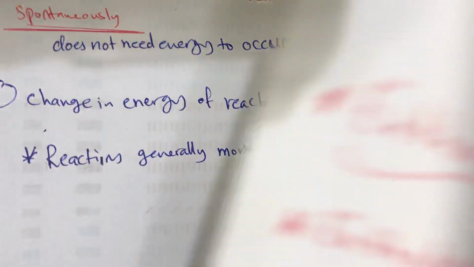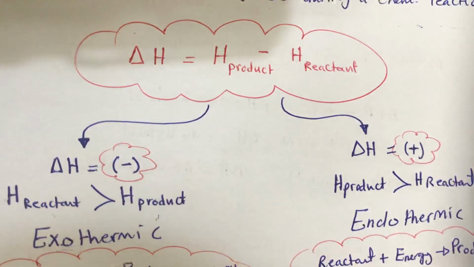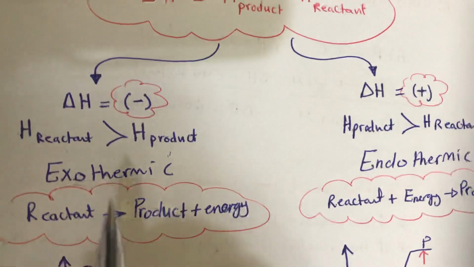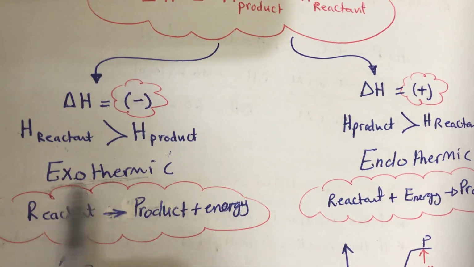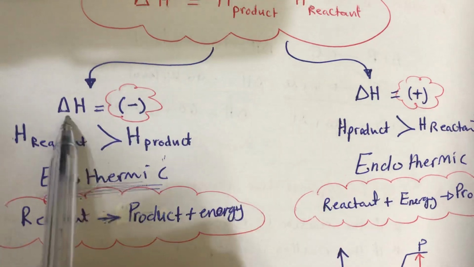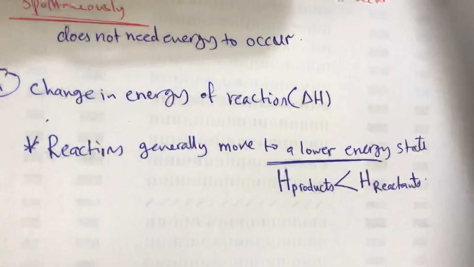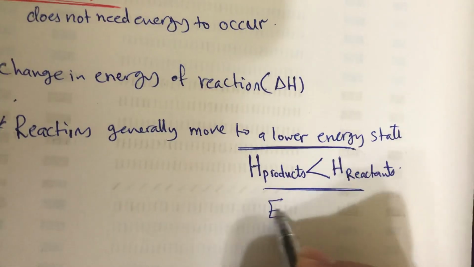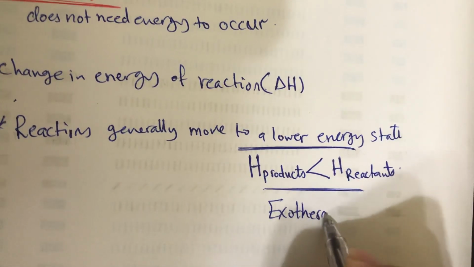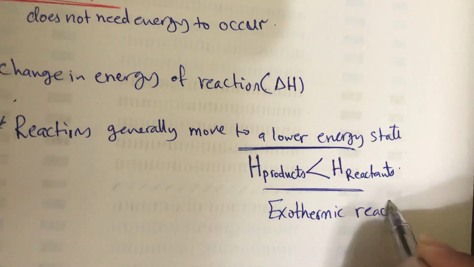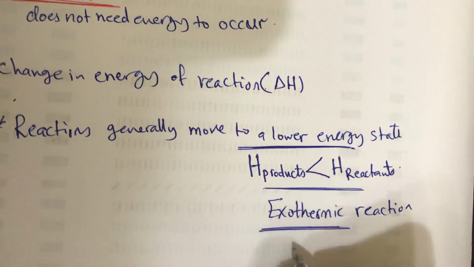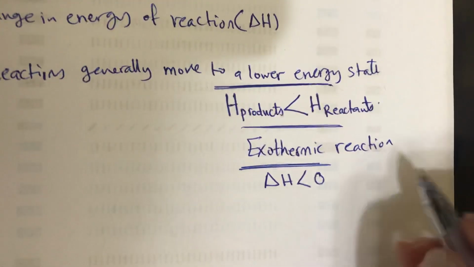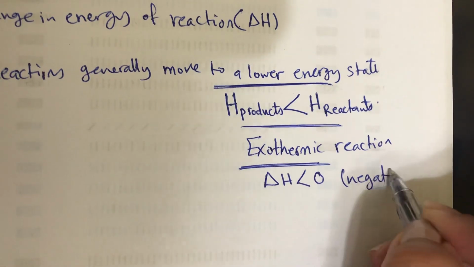Also, if you remember, when the energy of reactants is greater than the energy of products, it's an exothermic reaction and delta H is negative. So here it's an exothermic reaction, delta H less than 0, or negative.